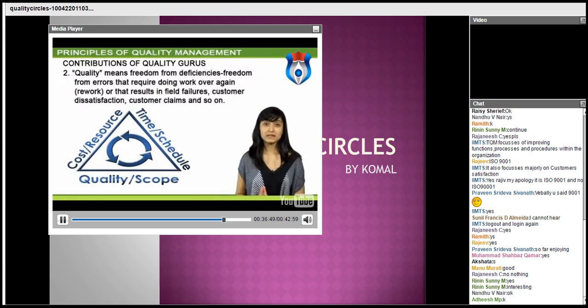Quality means freedom from deficiencies, freedom from errors that require doing work over again or that result in field failures, customer dissatisfaction, customer claims, and so on. In this sense, the meaning of quality is oriented to costs, and higher quality usually costs less.